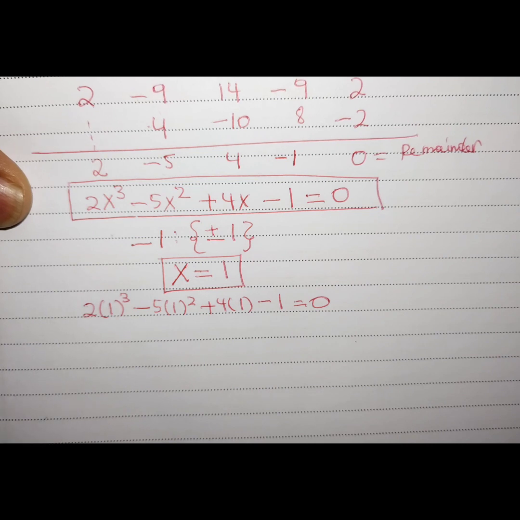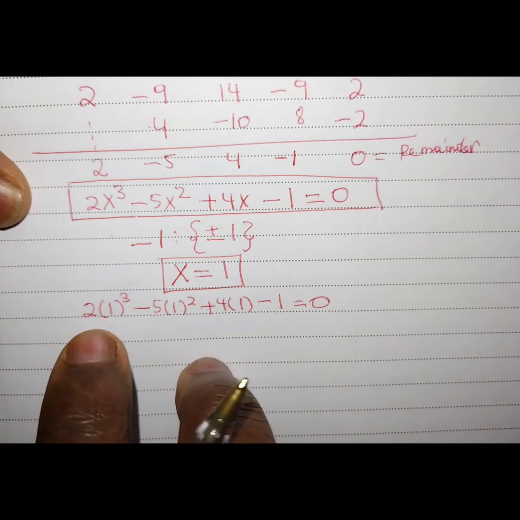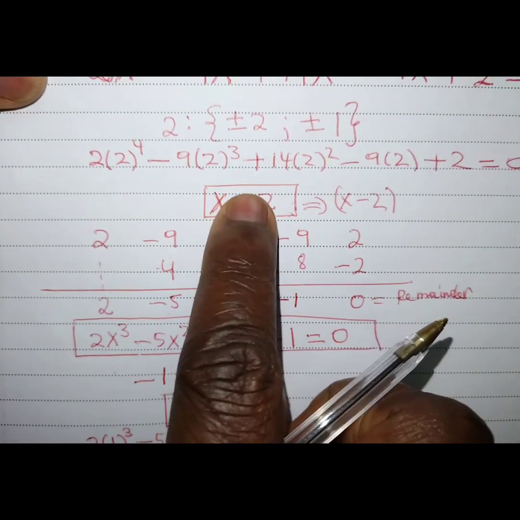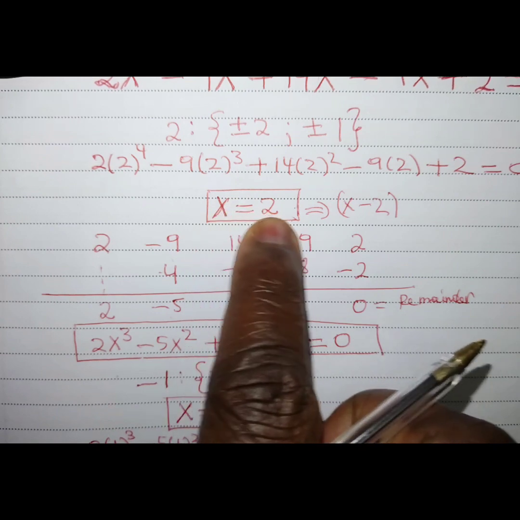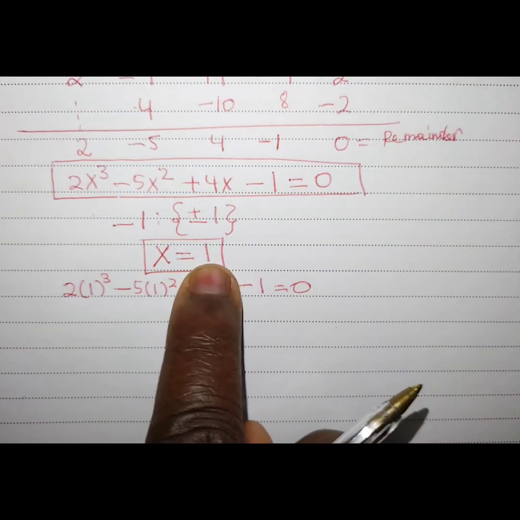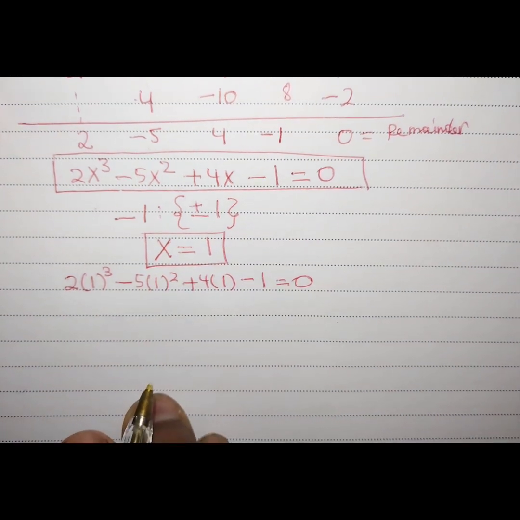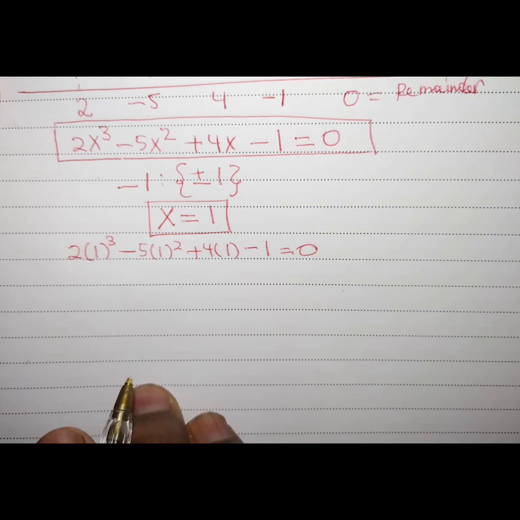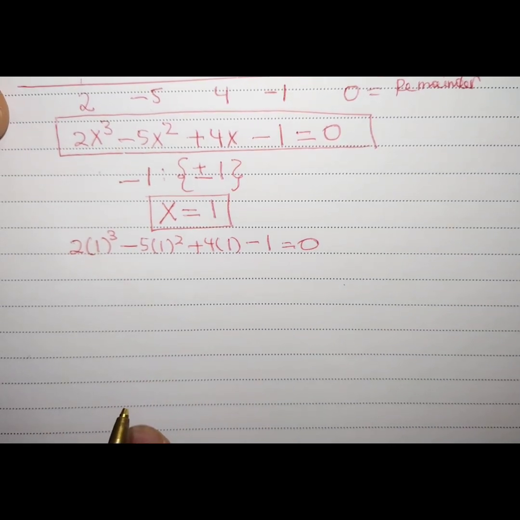Well, ladies and gentlemen, we have so far managed to find 2 roots. The first one is x equals 2, and the second one is x equals 1. So we continue and find the remaining 2 roots. How do we find that?